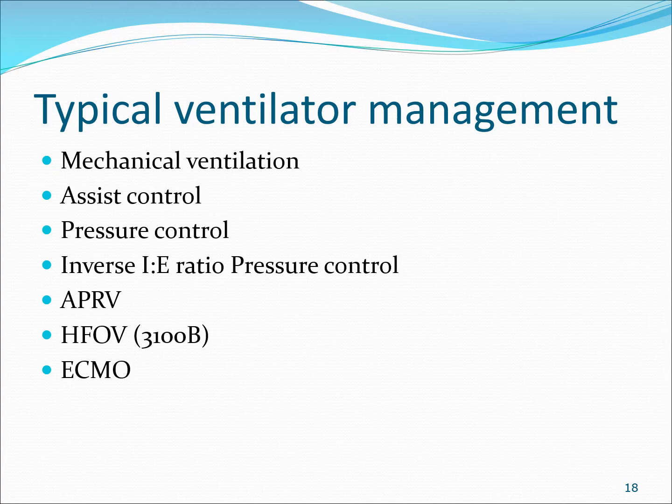The beauty of APRV is that you do not need to sedate or paralyze the patient, and the patient could spontaneously breathe on top of that. So this is the transition from one mode of ventilation to the other. And if you just put the patient initially on APRV, you avoid a lot of damage to the lung.